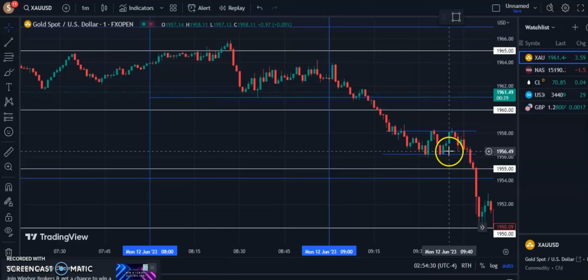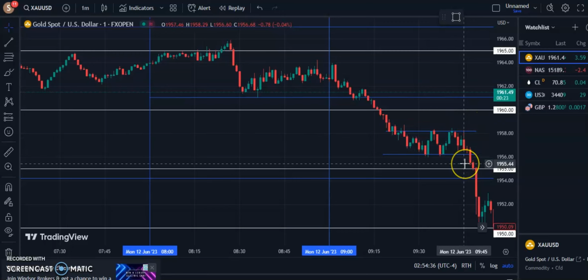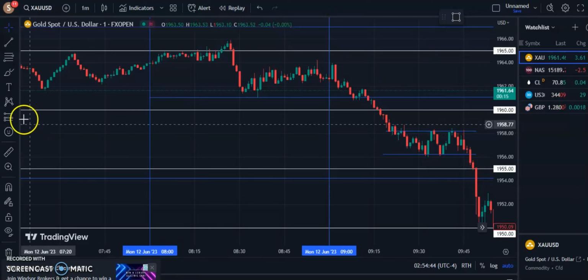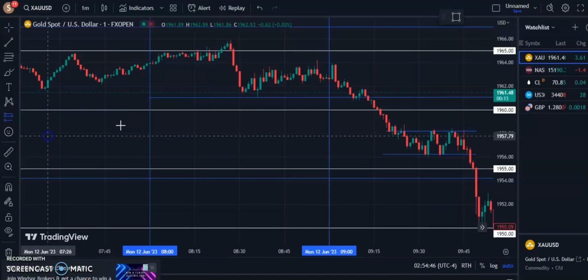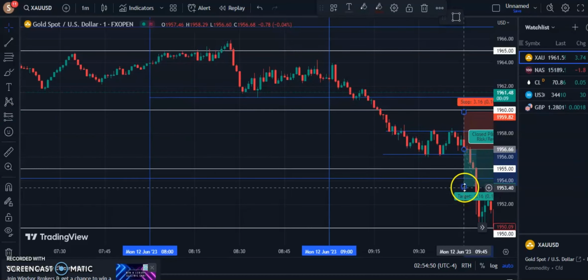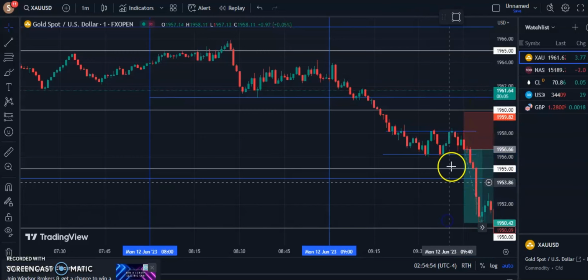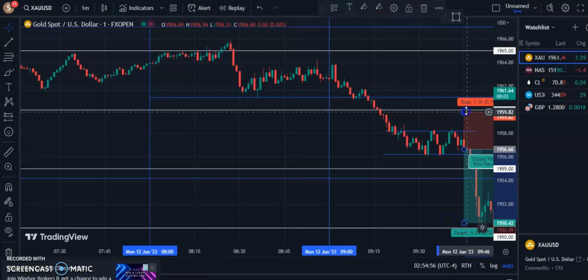We have a consolidation after 9:30, and then we have this M pattern at 9:45, the first minute of the 15-minute candle. This was my entry for a 60 pip take profit.